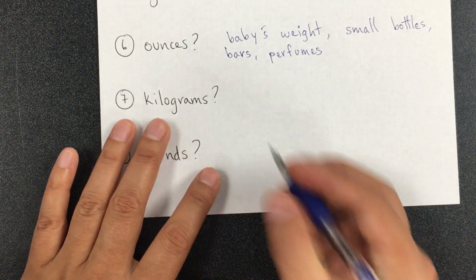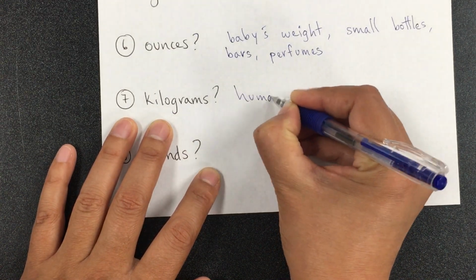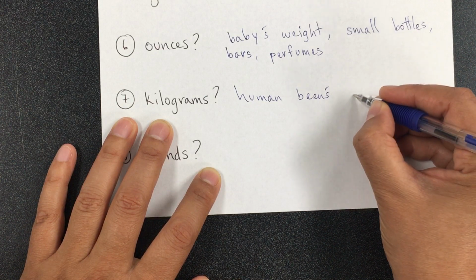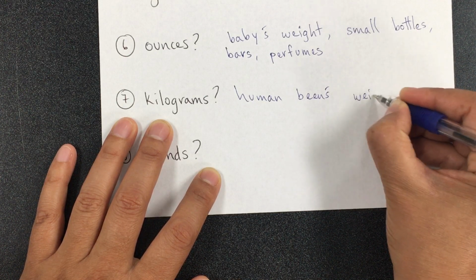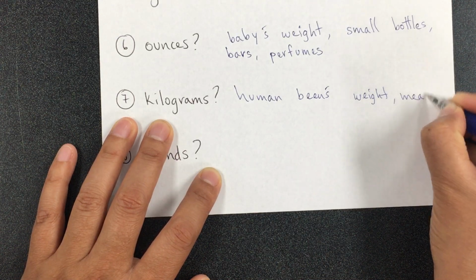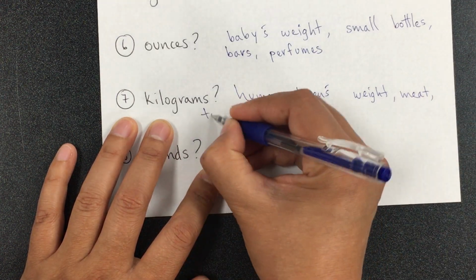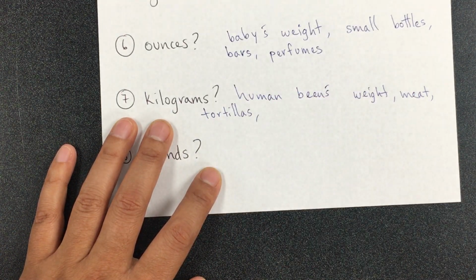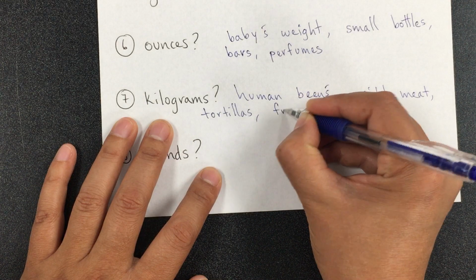Kilograms. Human beings, when they're being weighed. Meat, tortillas is also weight. Fruit.